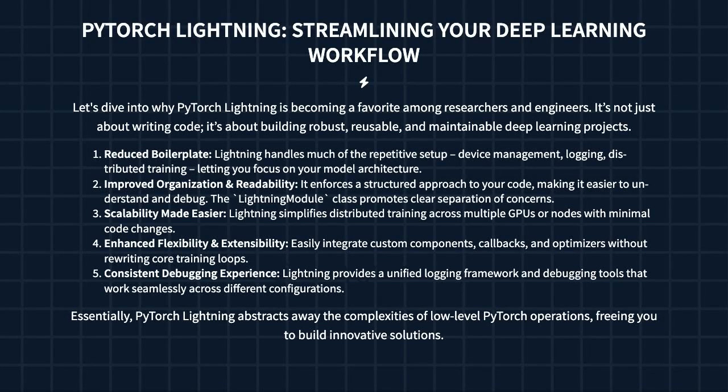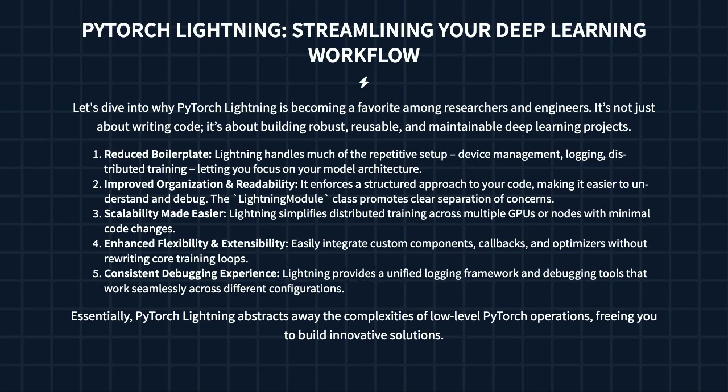Okay, so let's talk about why PyTorch Lightning is such a big deal. It's like a super helpful assistant for your deep learning projects. One of the biggest benefits is that it takes care of all the messy details, things like making sure your code runs on the right hardware and handling loops automatically. This means you can spend less time writing boilerplate code and more time actually designing cool models.